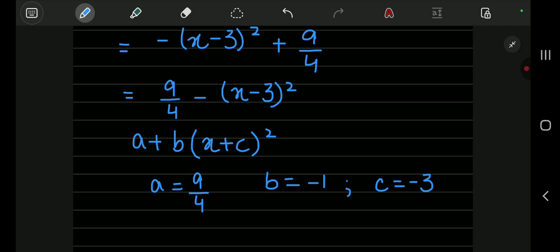Okay, so this is the result of your first part. You change it into completed square form and you compared it with this standard form. You get a to be 9 over 4, b to be minus 1 and c to be minus 3.